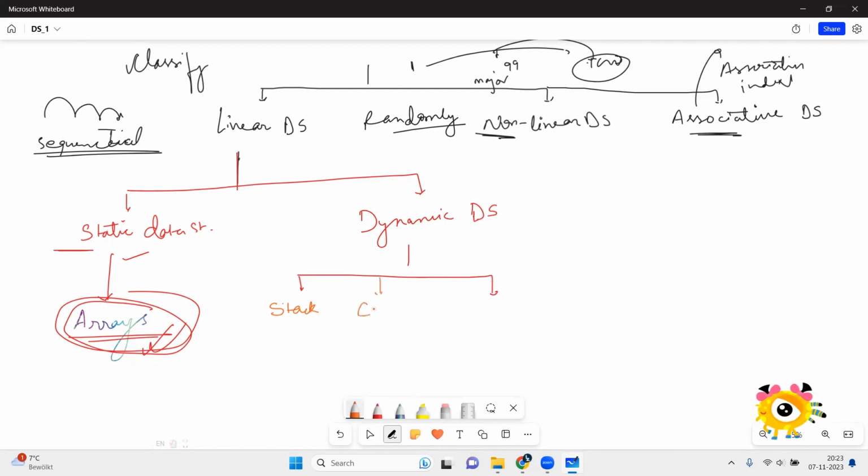Then we have queue, and we also have linked list. Queue is literally like a queue. So we have stack, queue, and linked list. We will see their implementations, how they are used, and their more detailed definitions in later sessions.